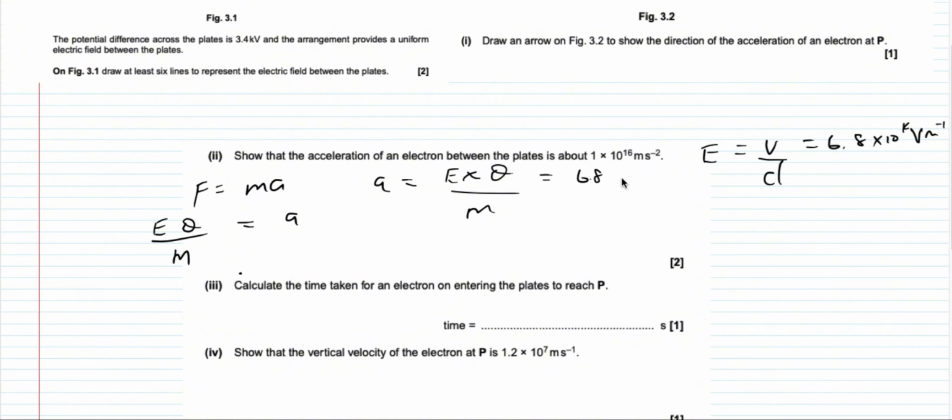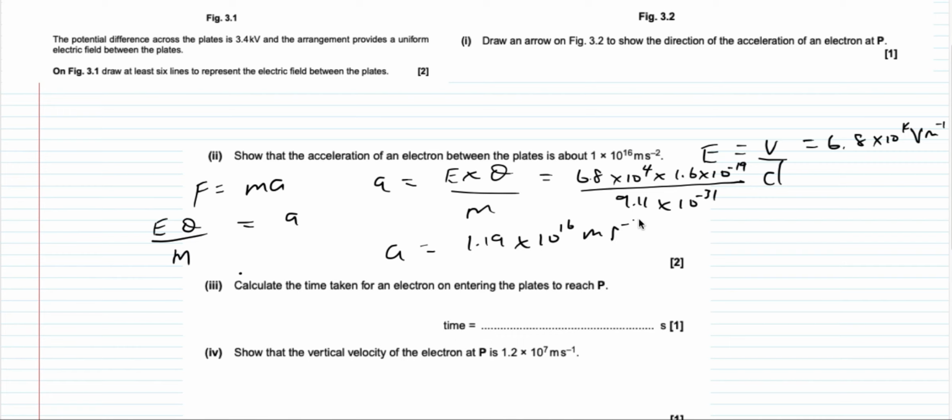So we have 6.8 times 10 to the 4 times the charge of an electron, 1.6 times 10 to the minus 19, divided by the mass of an electron, which is 9.11 times 10 to the minus 31. Having done all of that, it should have proven that our acceleration is 1.19 times 10 to the power of 16 meters per second squared.